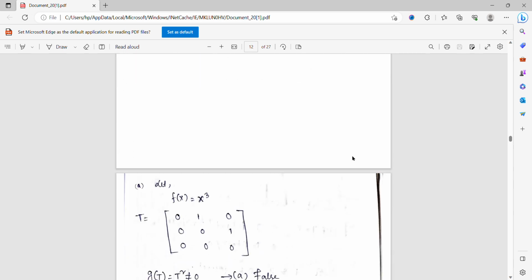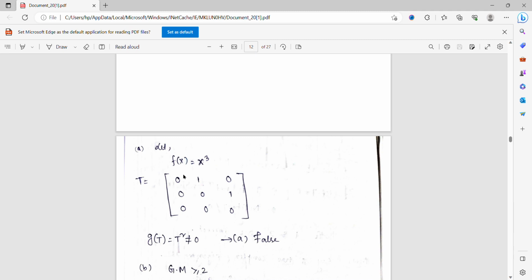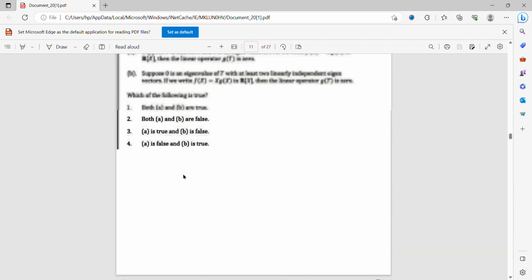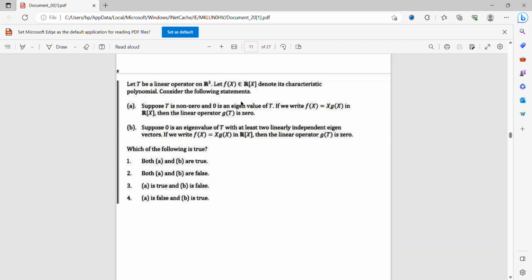So come to the solution. Let f(x) equal x cube. I can take this, because it is just given that T is non-zero and 0 is an eigenvalue of T. So I can consider the nilpotent operator on R3. So the characteristic polynomial is x cube, f(x) equal to x cube, then definitely 0 is an eigenvalue.